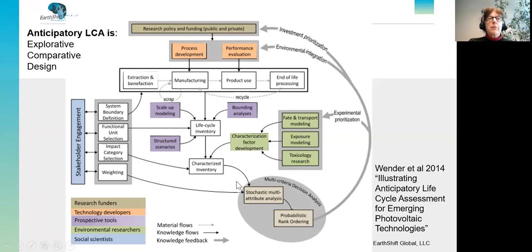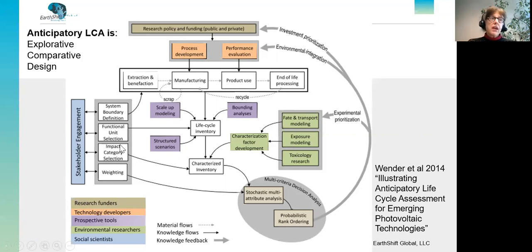Valentina talked a little bit about how characterization factors can be developed if you don't have them for your product that you're developing. Stakeholder engagement: stakeholders can help us understand where the critical characterization factors are, the critical environmental impacts that we want to look at, and how important each one of those is.